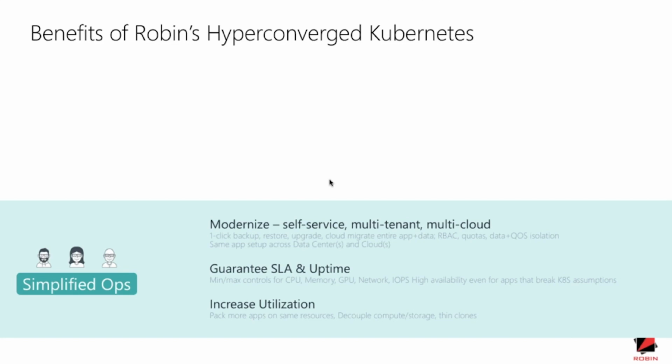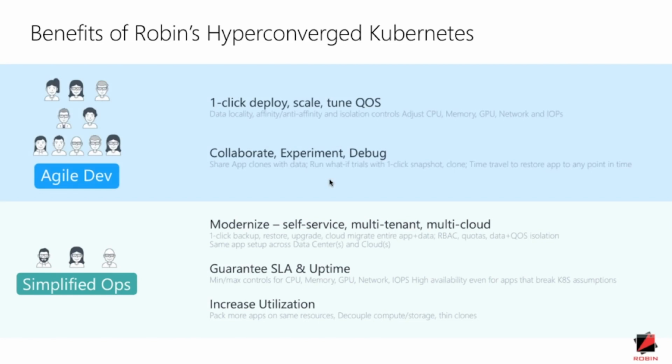We didn't talk a lot about multi-tenancy, but there's a rich role-based access control framework within Robin. We touched on it through resource pooling, but on top of that you can build out quotas on a user or tenant basis, to provide a lot of fencing within the cluster and isolation for different types of consumers.